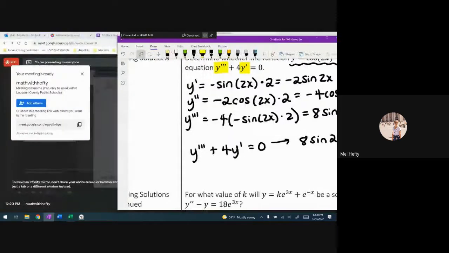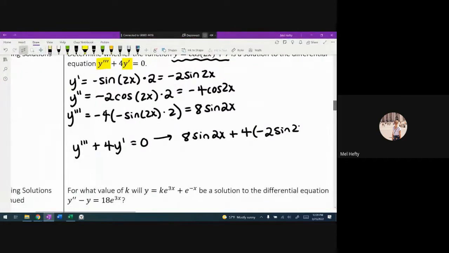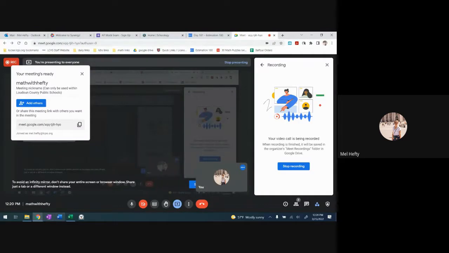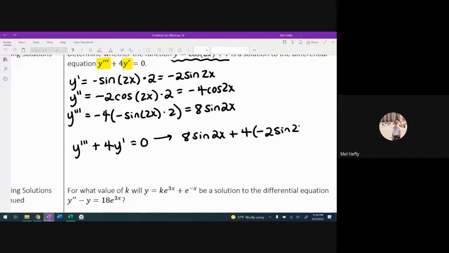Did this freeze again? What's happening here? Did OneNote freeze now? Aha!